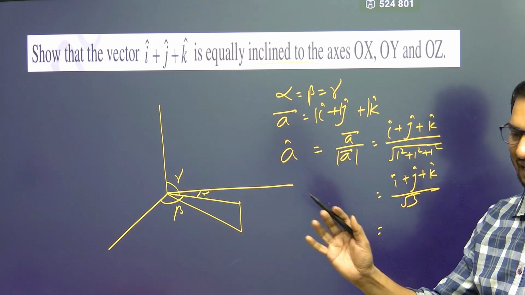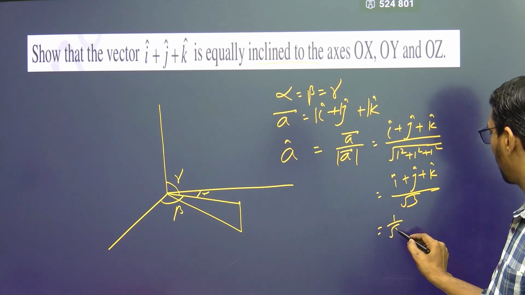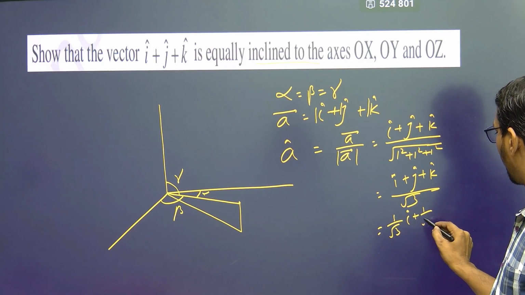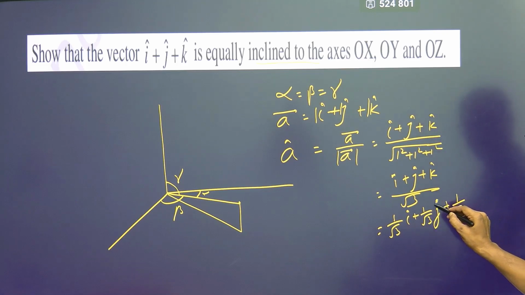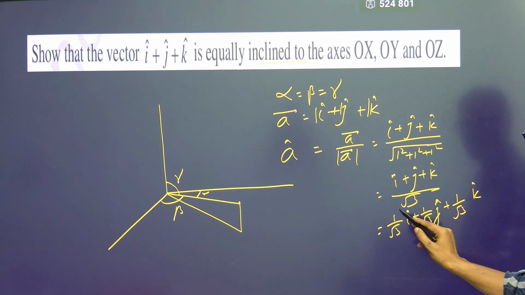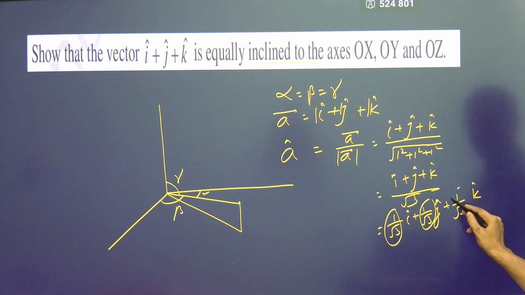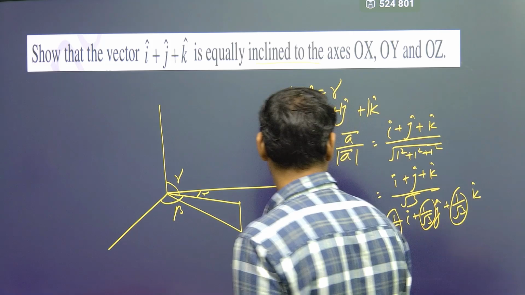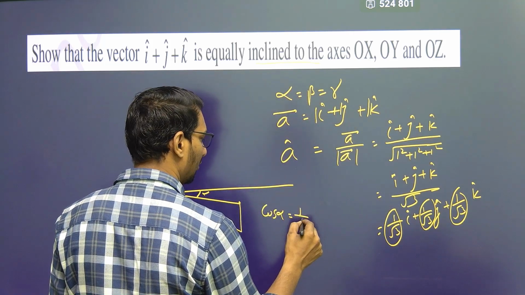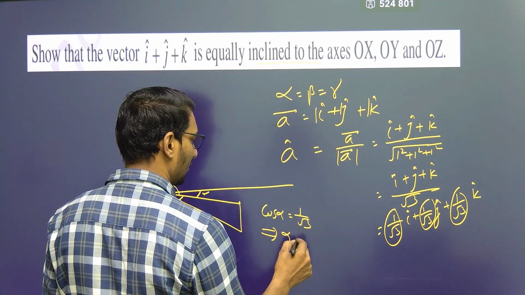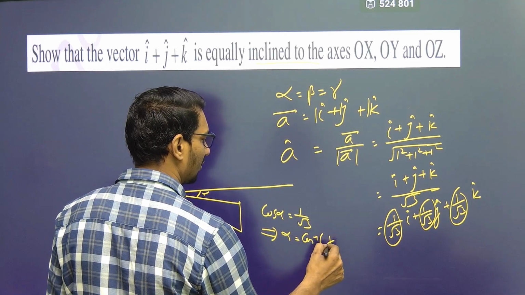If we break the line, then we get 1 upon root 3 i cap, 1 upon root 3 j cap and 1 upon root 3 k cap. So this is l, this is m, this is n. So we can write cos alpha equal to 1 by root 3. So alpha is cos inverse 1 by root 3.